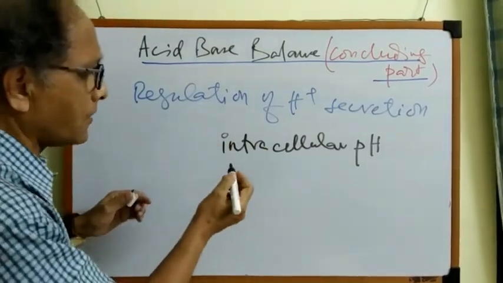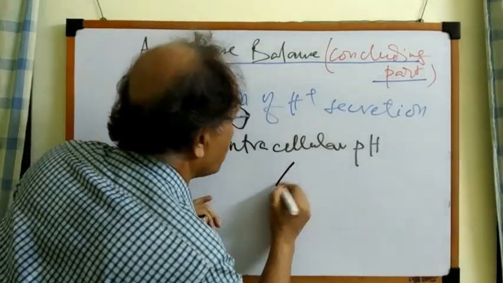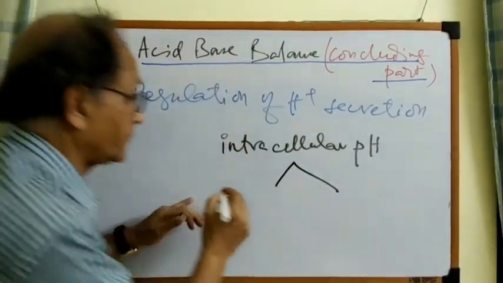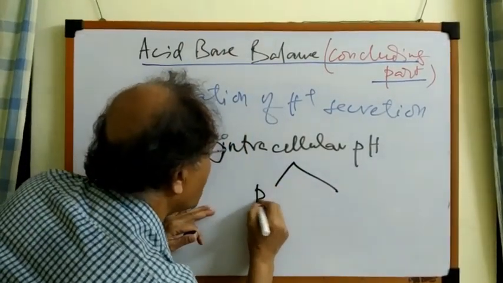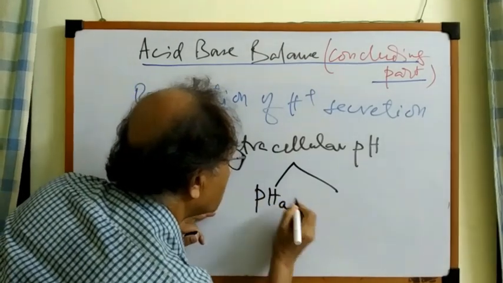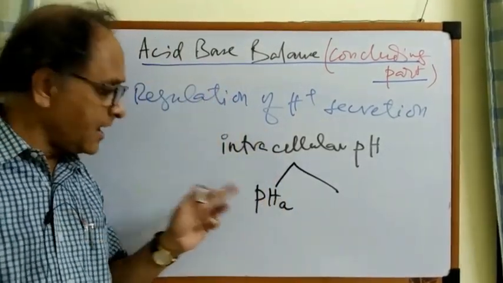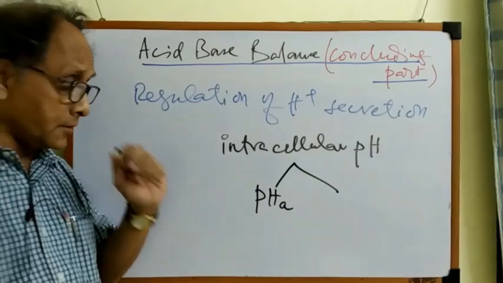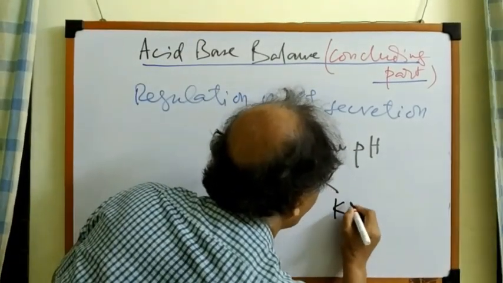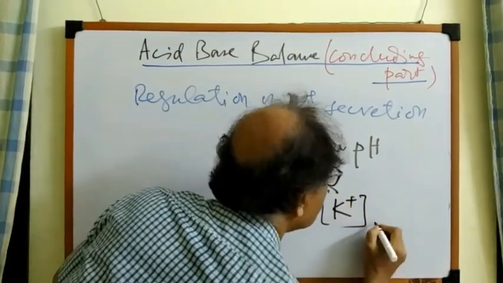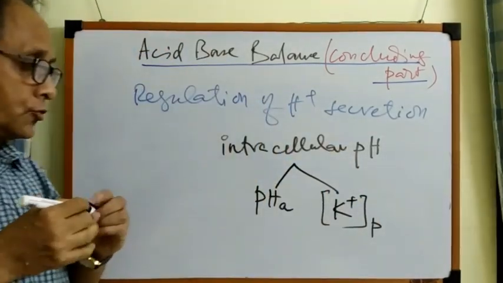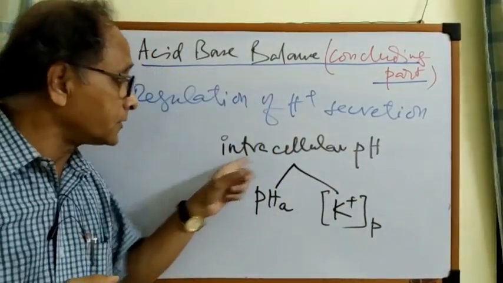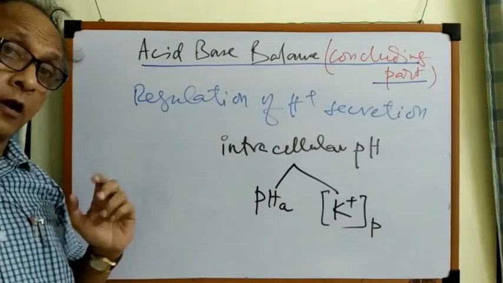Now this intracellular pH is again dependent upon two important factors. One is the pH of the arterial blood, and number two is the potassium ion concentration in the plasma. These are the two factors which determine the intracellular pH.